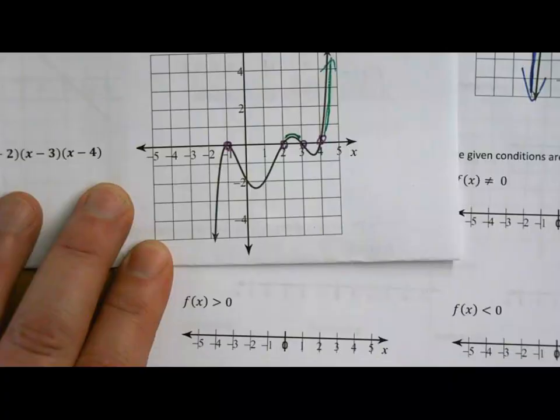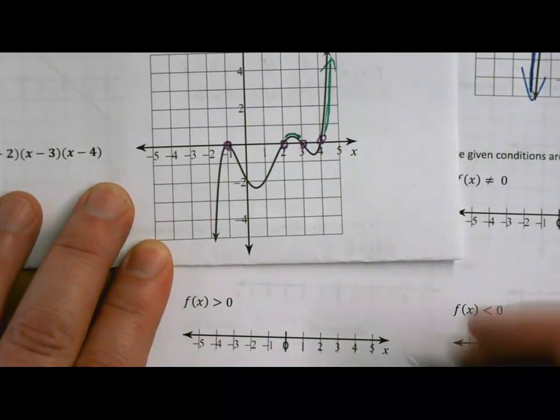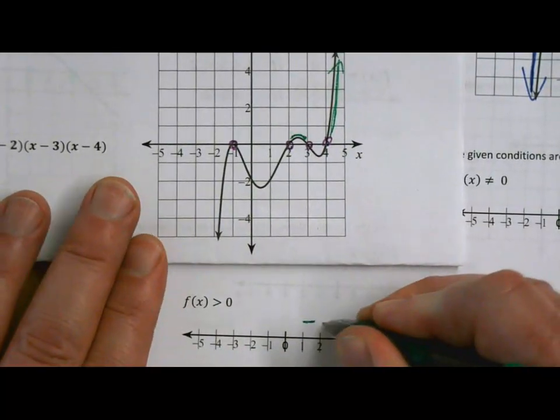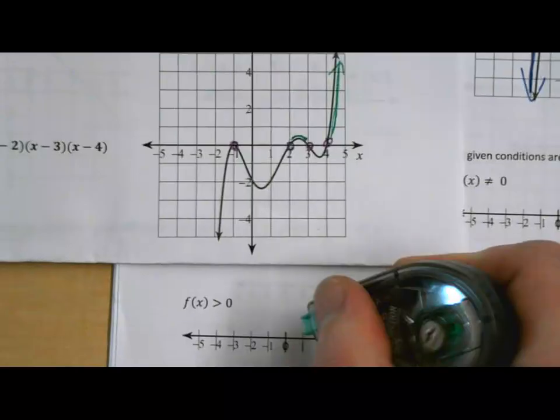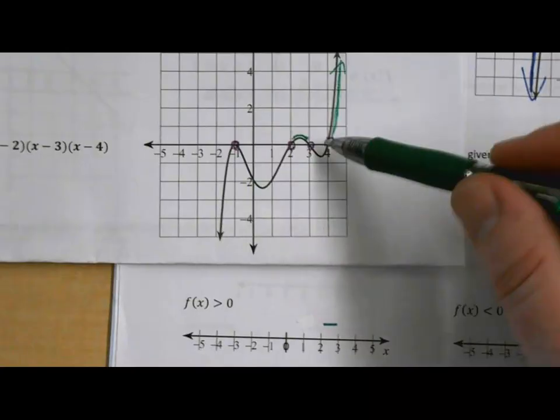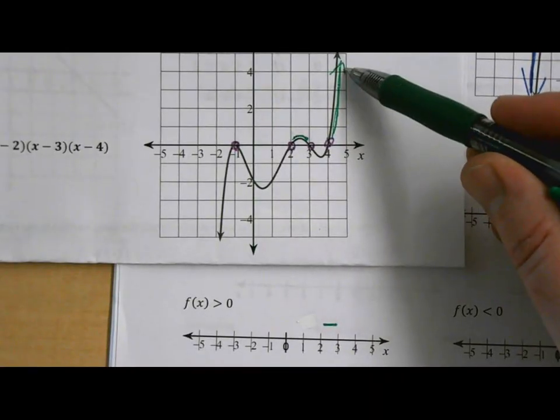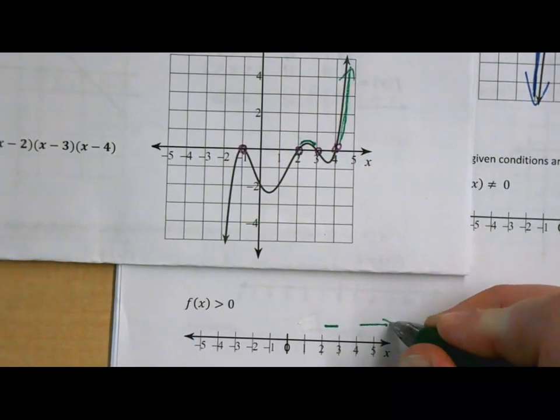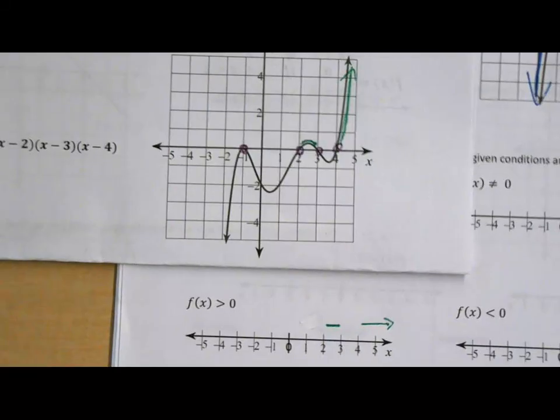So let's do this as a number line first. It's above the x-axis. It looks like between 2 and 3. So I'm going to put a bar here between 2 and 3. And also from 4 to infinity, because that arrow's showing us it's going to keep going. Now I want to put some dots at the end of these bars.